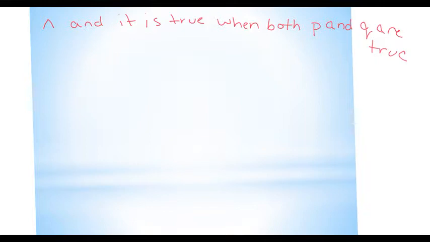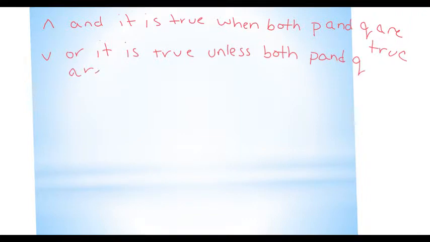Then we have our or statement, which is the V, and that's our or, and it is true unless both P and Q are false.